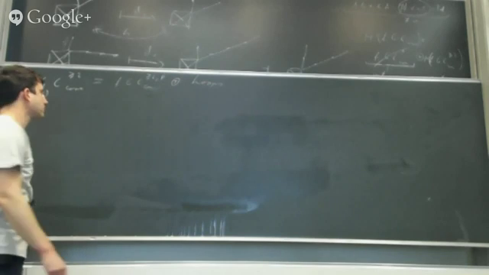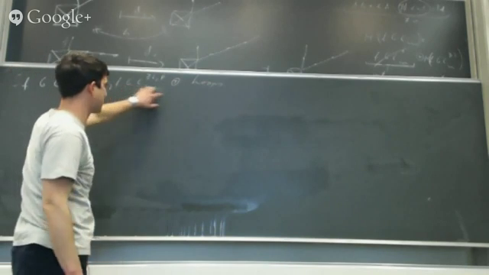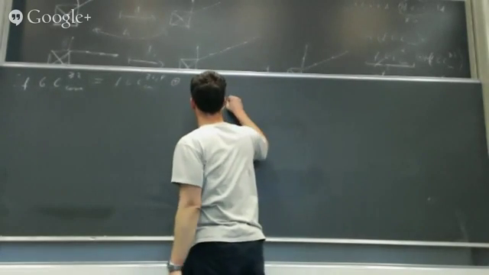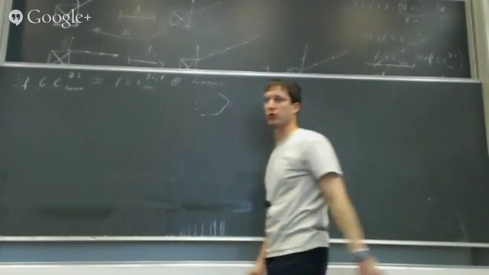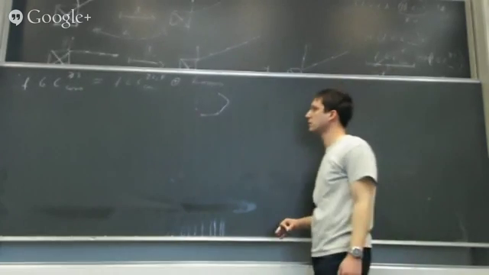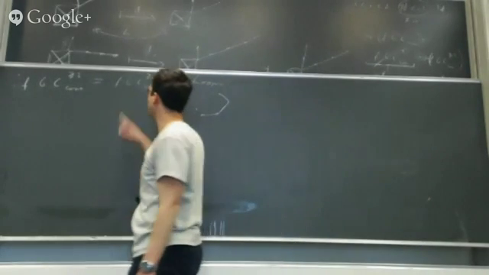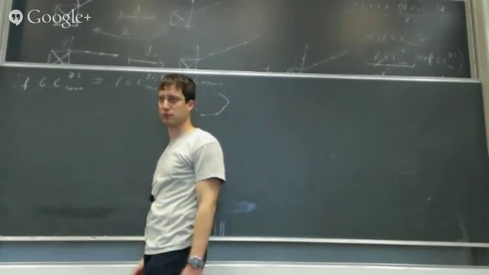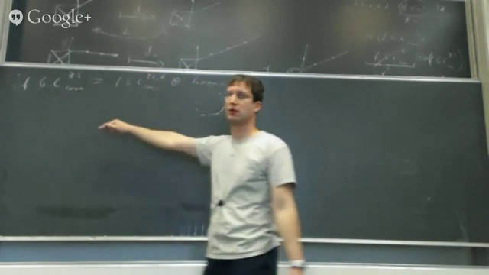Where these here are loops, this looks like this, where everything is two-valent. And here there is at least something which is more than two-valent. I call this like this.